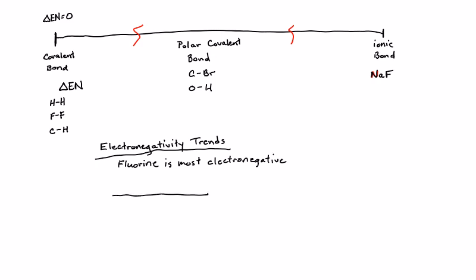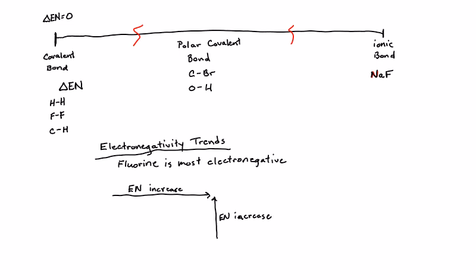So left to right, electronegativity increases, and from bottom to top, electronegativity is going to increase.